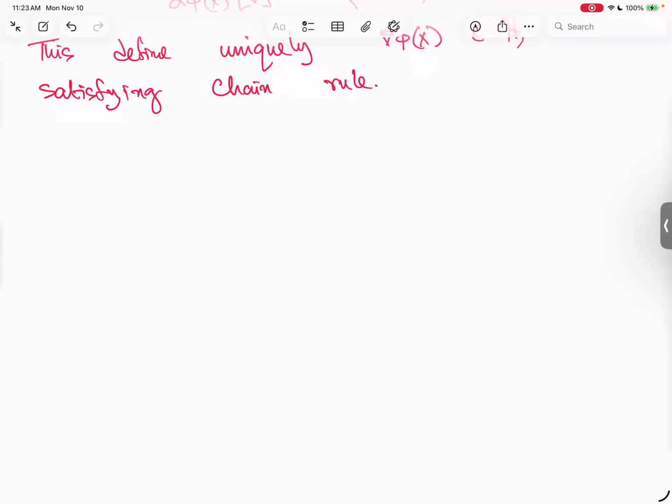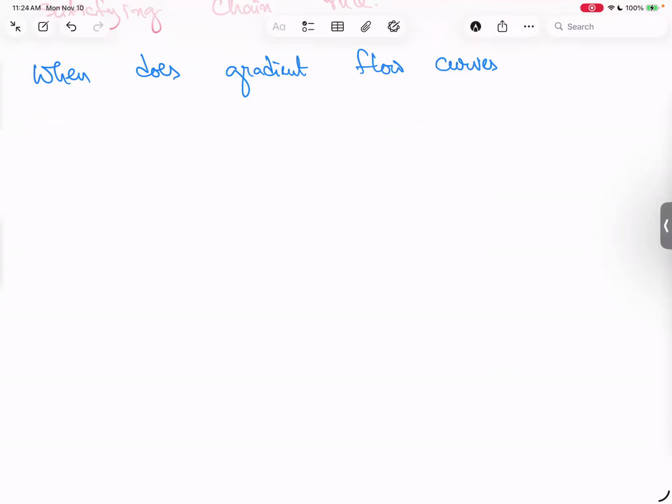Okay, so the next question we ask is, when does a gradient flow exist and when is it unique? When does the gradient flow curve exist and is unique?